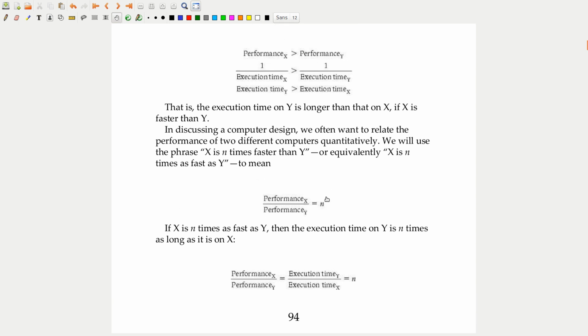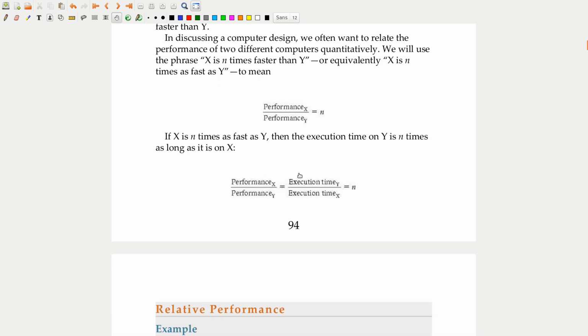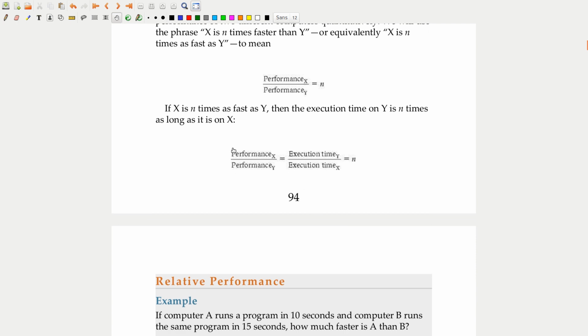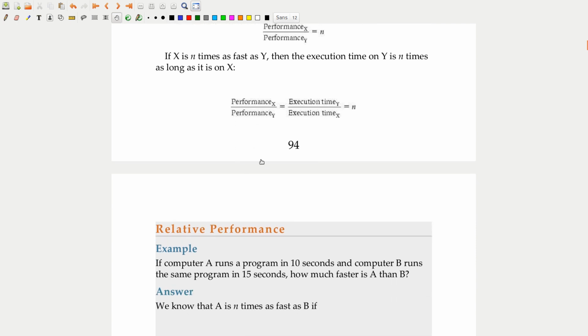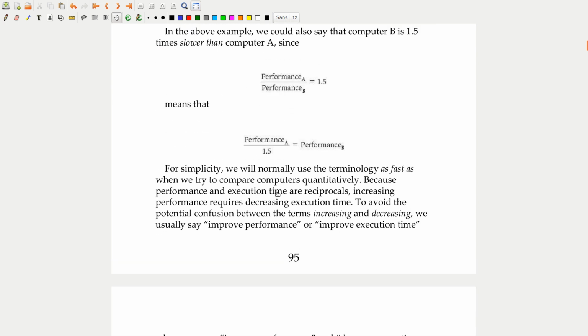We define some scalar value n that means how much faster the performance of X is over the performance of Y. And then we can substitute in for execution time in order to find this in many scenarios, since if we don't have these performance numbers, oftentimes we just have the execution data.